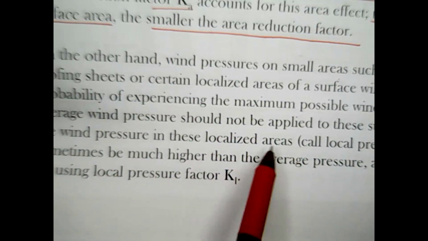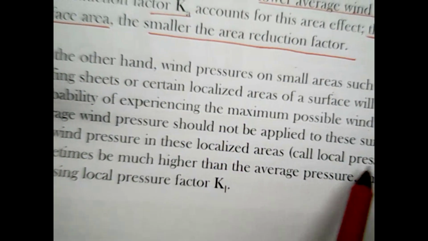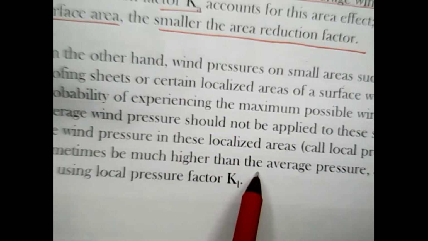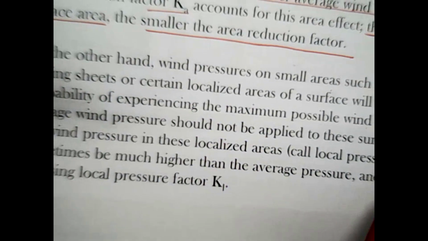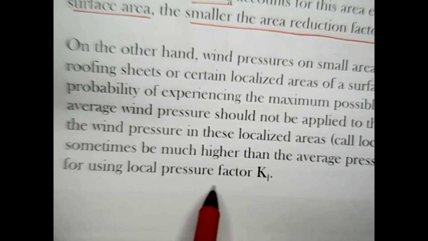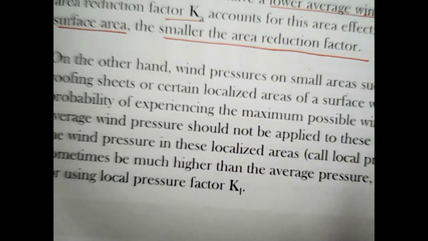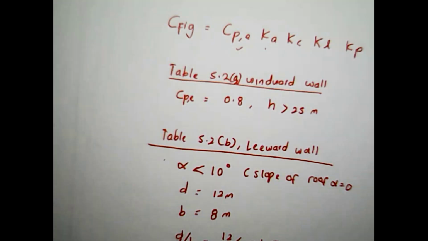In fact, the wind pressure in this localized area, called local pressure, can sometimes be much higher than the average pressure and is accounted for using local pressure KL.